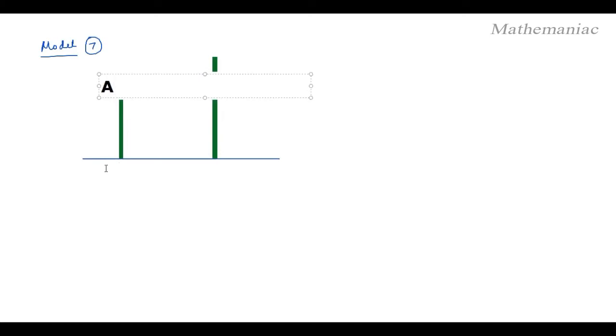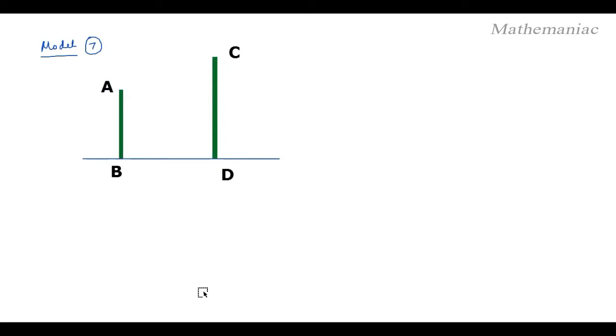This is A here. Suppose this is B, then this is C, and this point is D. So here AB and CD are 2 different buildings.